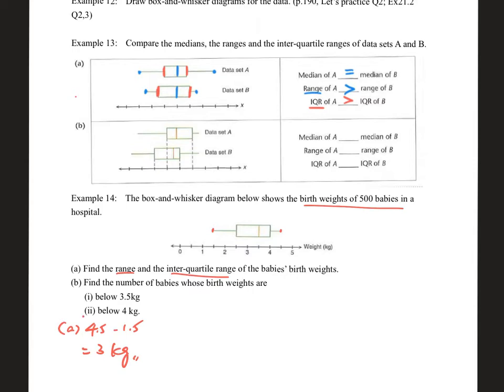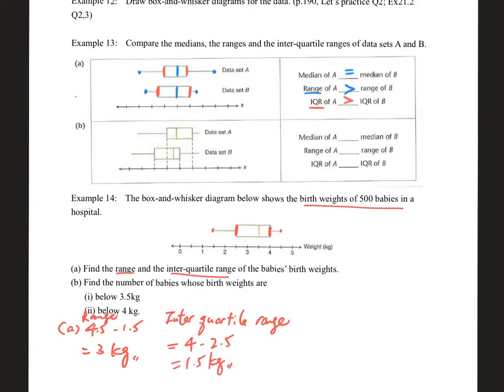For the interquartile range, it is equal to Q3 minus Q1, 4 minus 2.5, which gives you 1.5 kg.